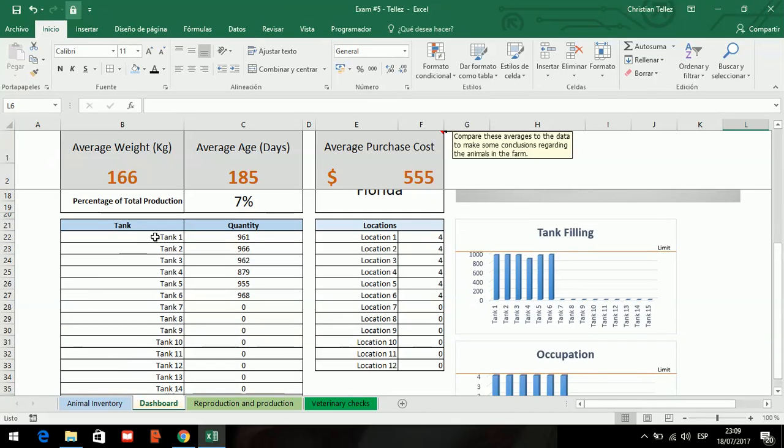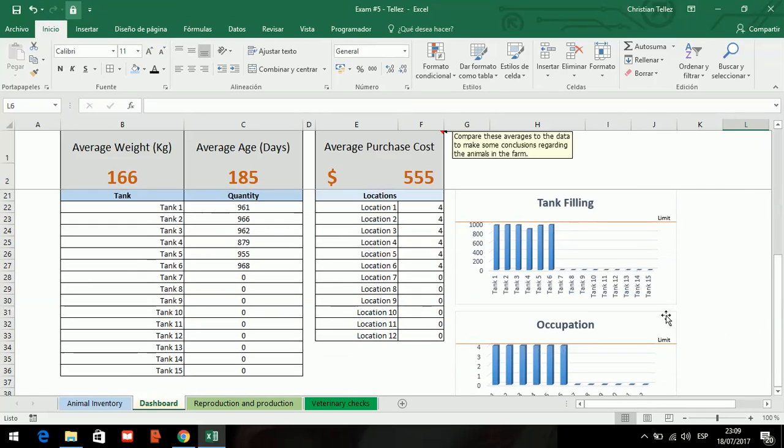Here we have some tanks where we put the milk, and we have some graphs regarding the tank filling. We have tanks with a capacity of 1000 liters, and as we see here, the tanks are below that capacity.